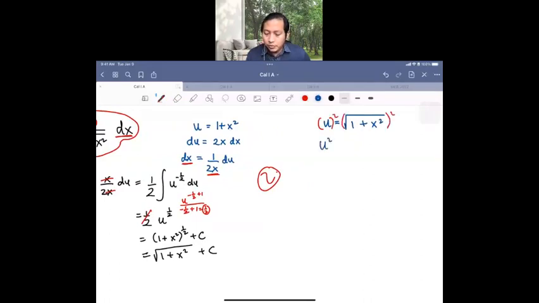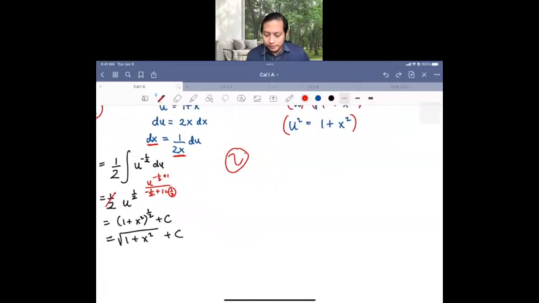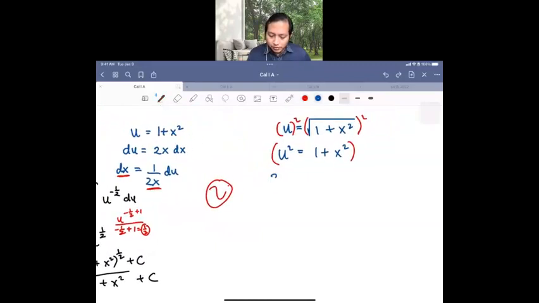So we have u squared equal 1 plus x squared. Okay, clear? Now I will take the derivative of both sides. This becomes 2u du and this becomes 2x dx.